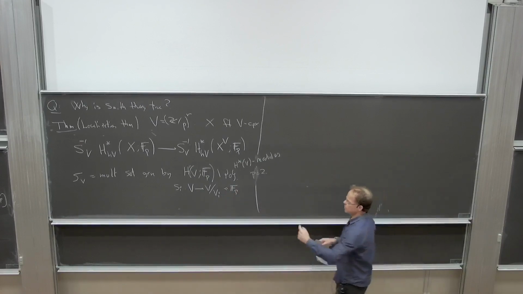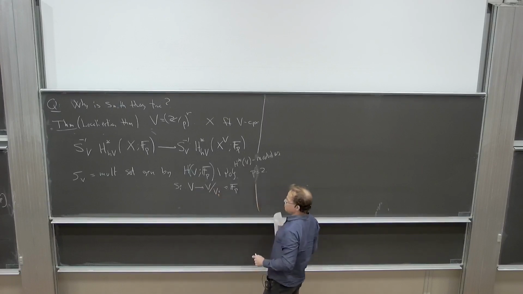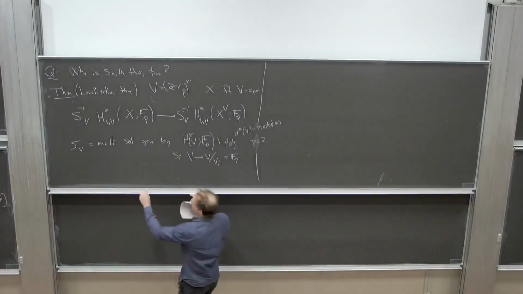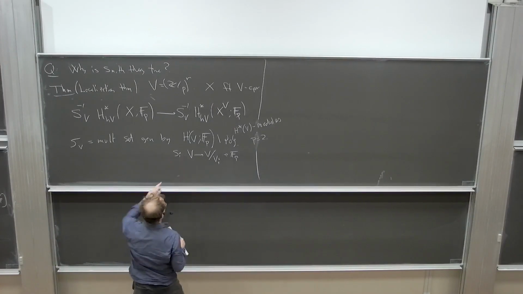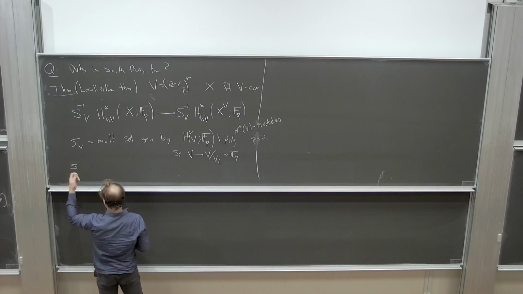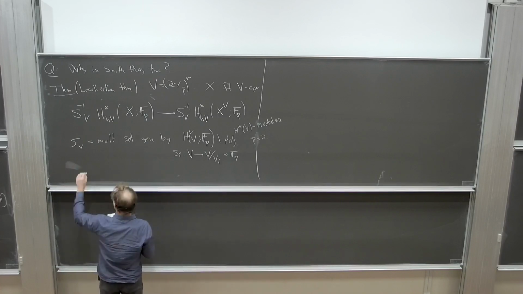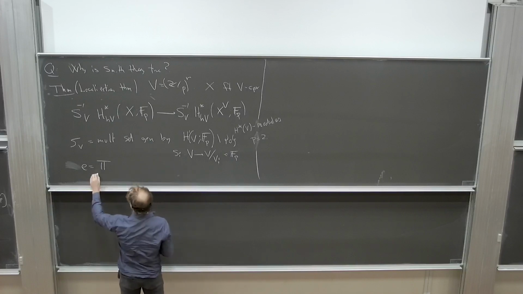So all the classes will be homomorphisms from V to F_p. And what I mod out by is the multiplicative set generated by all of these. I could even take this Euler class, e, which is just the product of all of these s_i.